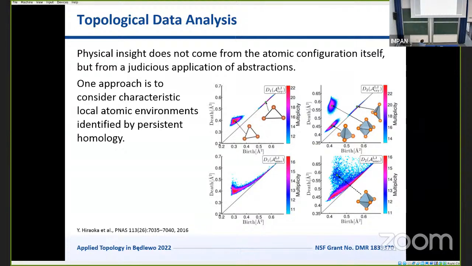And if you do that, you see these clusters of features, and you can actually identify these as triangles of different shapes. This is when we're looking at 1-cycles and 2-cycles. Again, you can identify these with tetrahedra, with octahedra, and things like that. Depending on the crystal structure that you're working with, you're going to see different kinds of clusters.